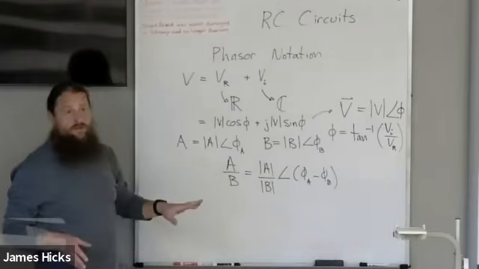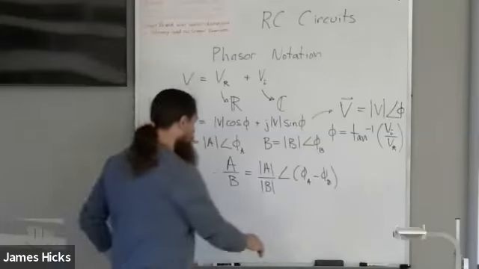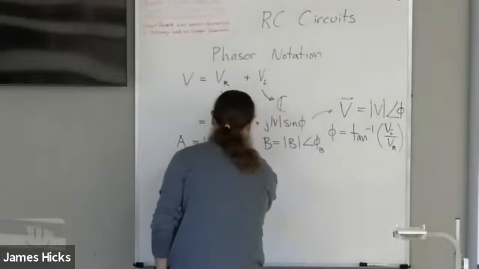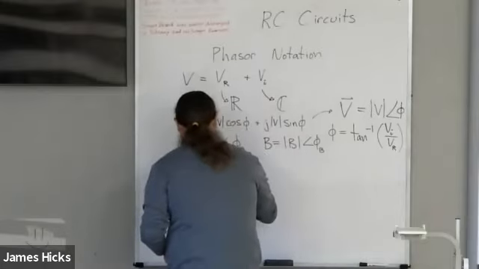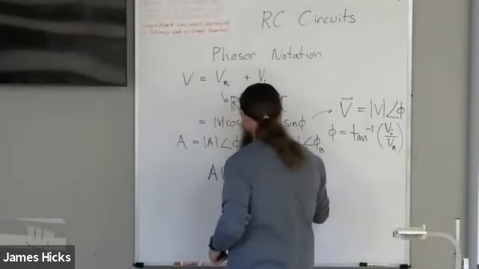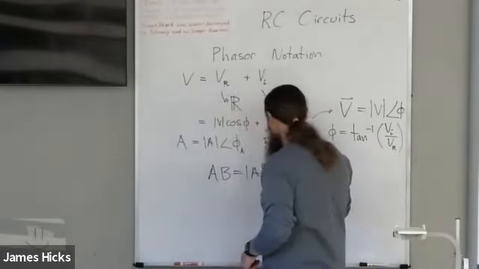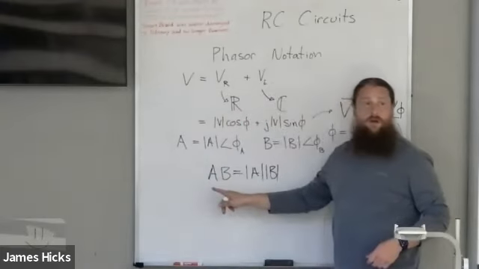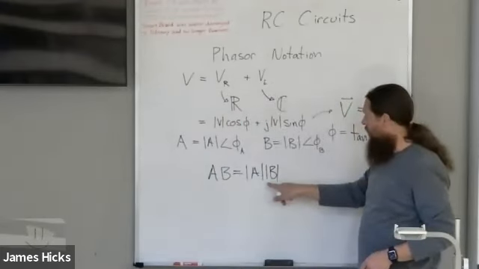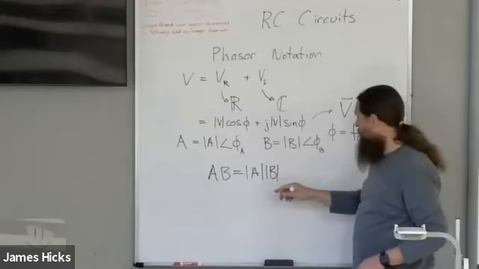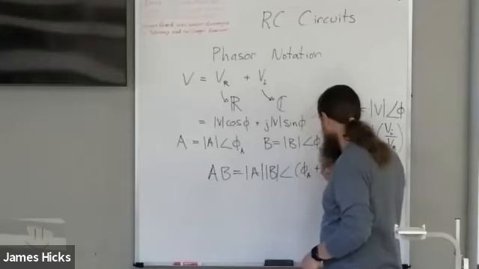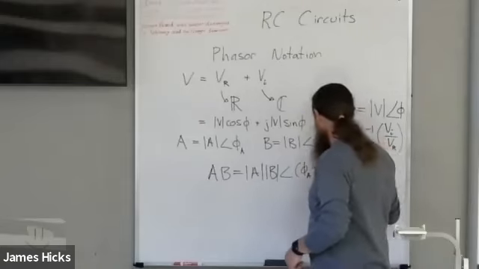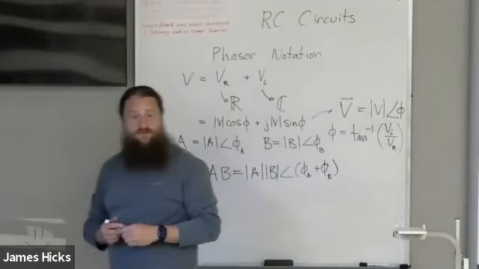Same thing if I wanted to multiply A and B together. Multiplying complex numbers A times B, I would multiply their amplitudes and then I would add their phases together.